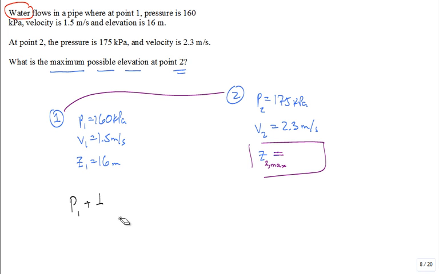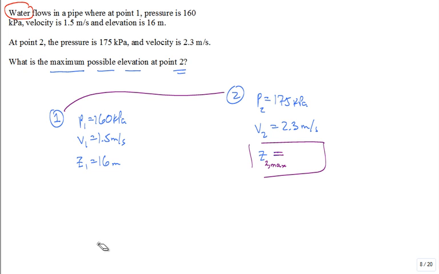Do you want to work in pressure, energy per unit volume? Do you want to work in energy per unit mass, or do you want to work in elevation? We could do all three. They're all just either multiply by rho, divide by g, or you're there. We're looking at elevation that's already set up. Yeah, let's just do it in head then.